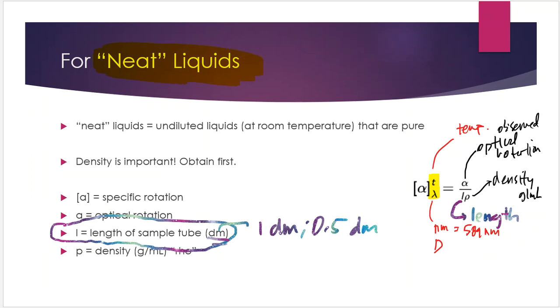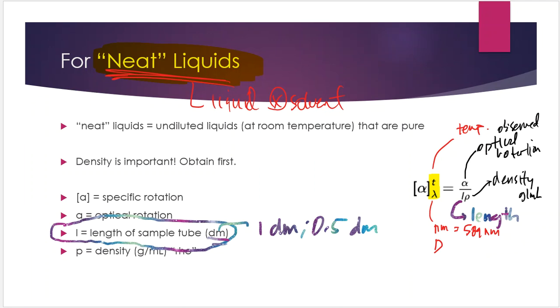That's what this is. So a neat liquid is something that really is a liquid on its own. I probably didn't have to use any type of solvent at all. And I've just literally put that liquid into the polarimeter cell and called it a day. Right? That's really all that I have to do here. So there was no solution that I had to make.